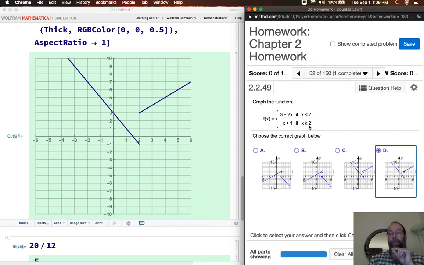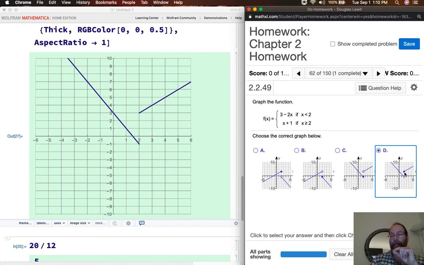If x is greater than or equal to 2, then the definition of the function is x plus 1, which means that the point x equal to 2 corresponds to this definition right over here, not this definition.